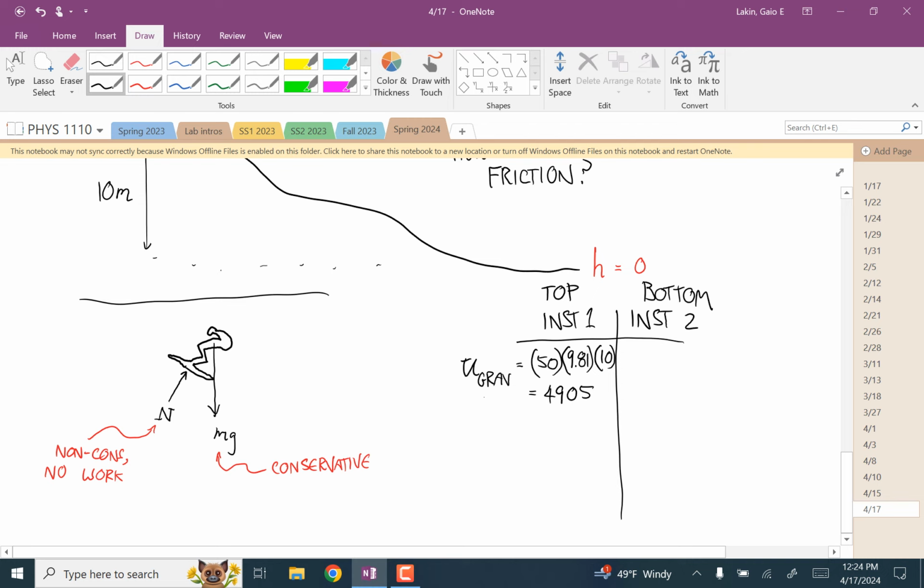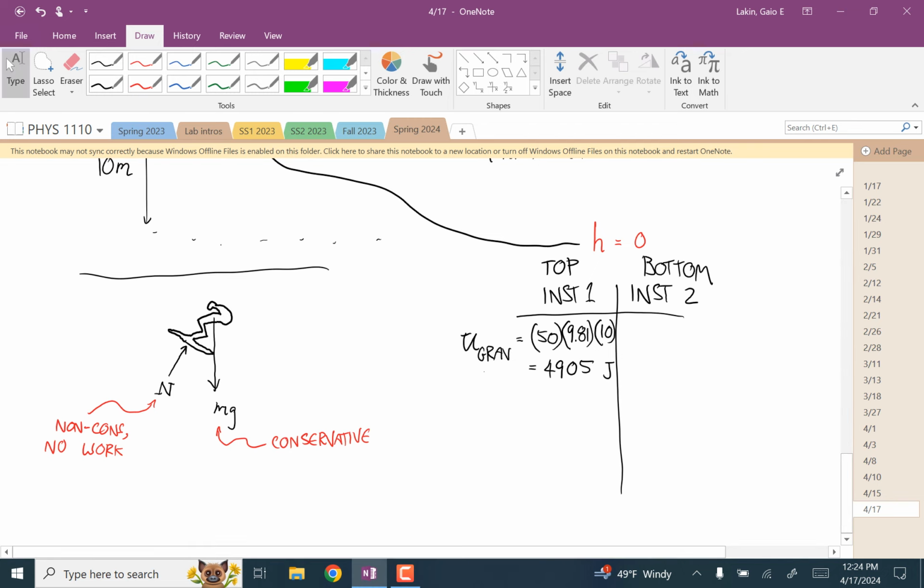I said that the SI units for all forms of energy are joules, so I'll put this as joules. And now let's calculate the kinetic energy at the top of the hill. The kinetic energy is 1/2 times the mass times the speed squared. What's the skier's speed at the top of the hill? 0, yep. And so there's no kinetic energy at the top.